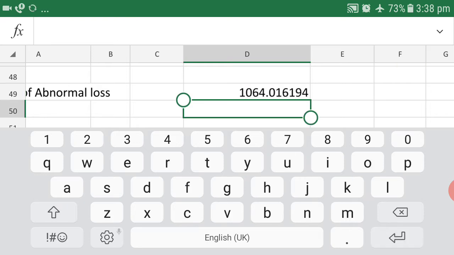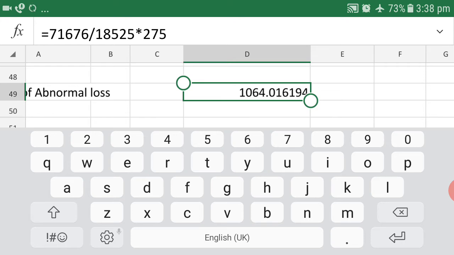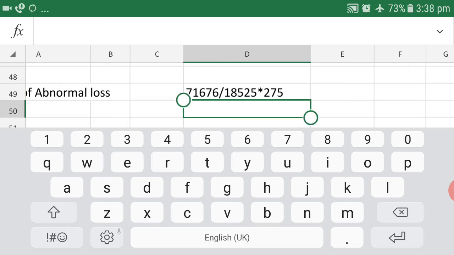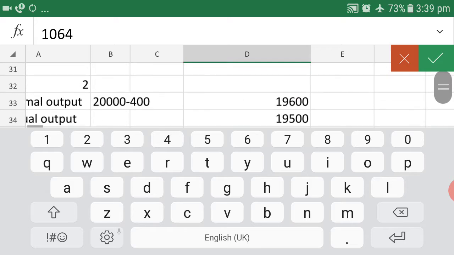So we got 1,064. That is the value. Clear?